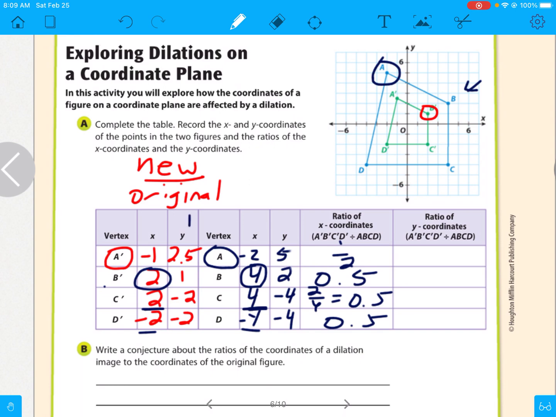Now for our y's, we're going to take our new one, 2.5, divided by our original, which was 5, equals 0.5. Then we take 1 divided by 2, which is 0.5. You can tell these are all 0.5.